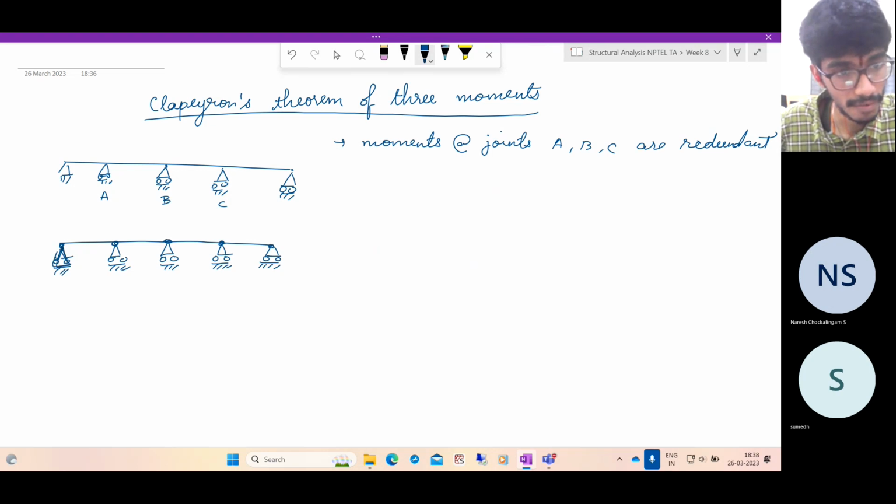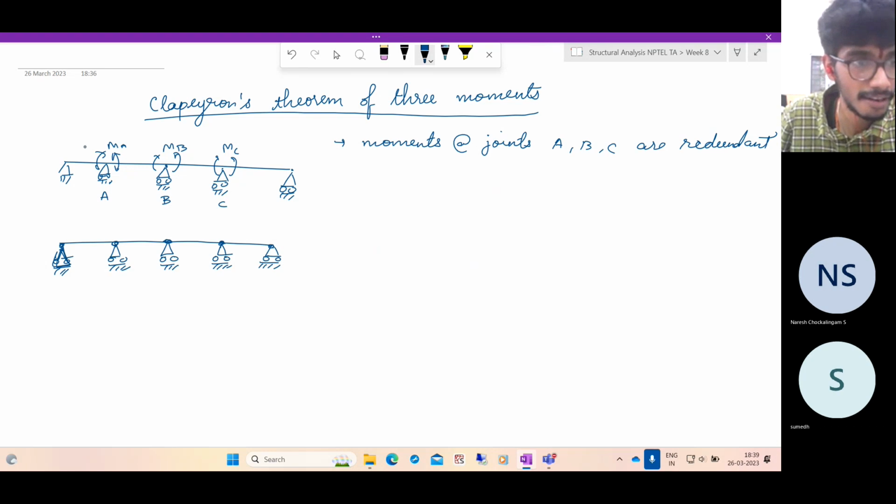So here initially there is some unknown moment that is acting here, MA, MB, MC. When these are treated as redundants, we need to obtain a primary structure without the redundants. Of course, there are some loadings. So the primary structure we obtain will be like this.